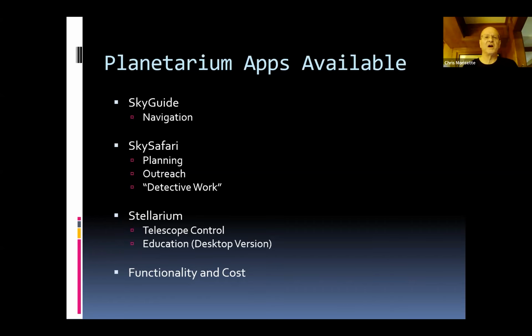So, for example, Sky Guide, I bought the intro subscription, and in that case, I think it was like a $3 or $5 one-time fee, and that's what I just use it for navigation, and that suits my needs just fine. Sky Safari, I did upgrade and get what they call the Pro version, which is like $25, and it gives me all of the information that I feel I need.